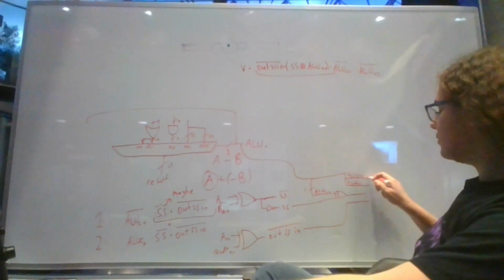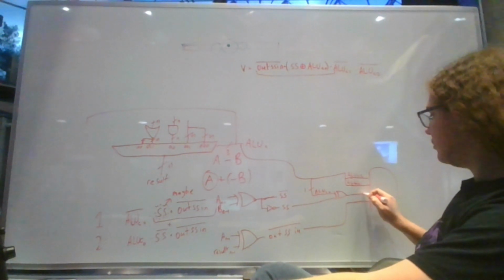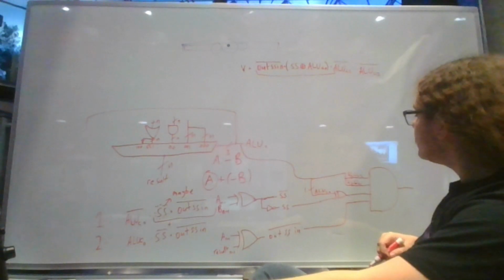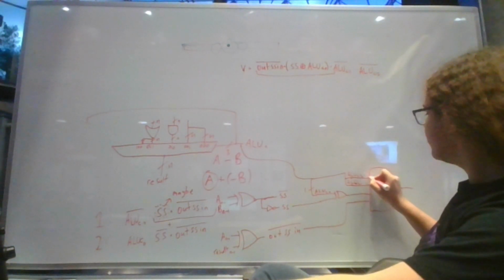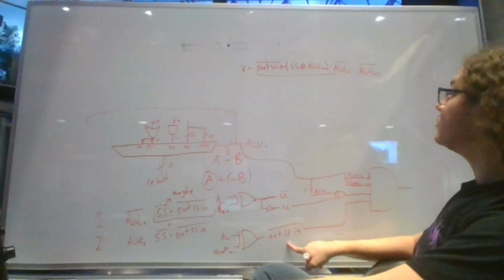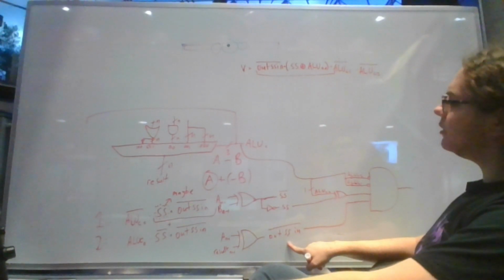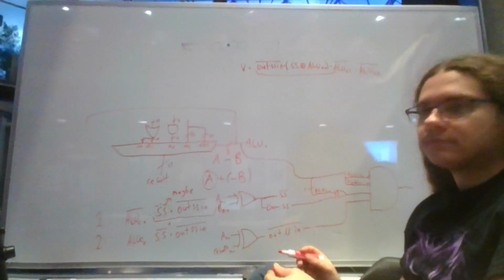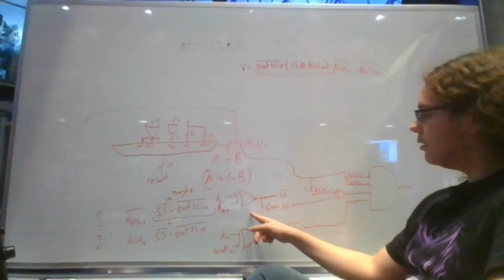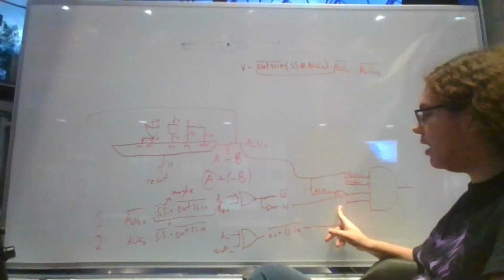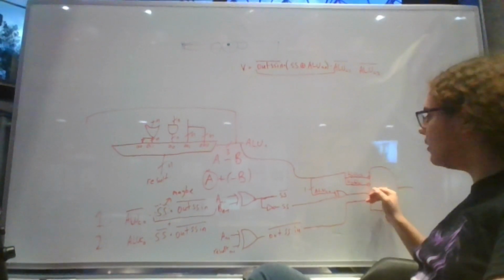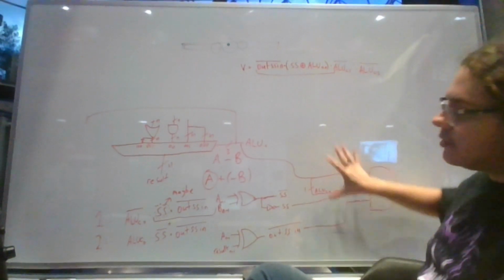Now you take all these and AND them together, and I'm done. Let's see. Oh, I need to put inverters here. Invert that signal, and invert this signal. That signal does not get inverted because it already is. And I believe that's it. So it looks like we used 3 XOR gates, 3 inverters, and a 4 input AND gate.